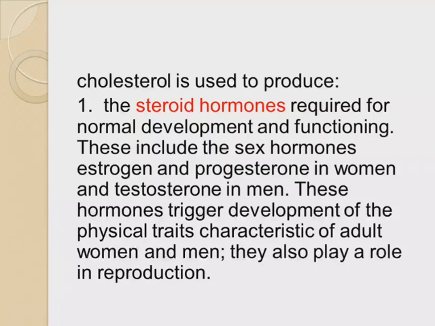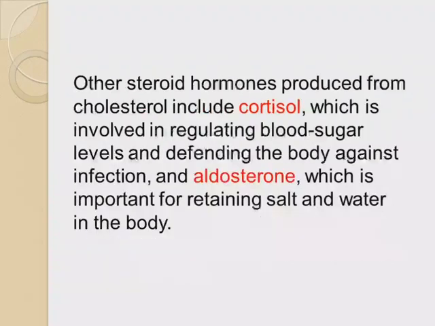They also play a role in reproduction. Other steroid hormones produced from cholesterol include cortisol, which is involved in regulating blood sugar level and defending the body against infection, and aldosterone, which is important for retaining salt and water in the body.